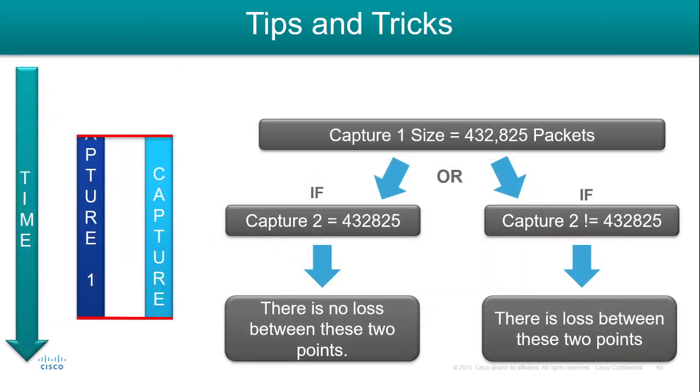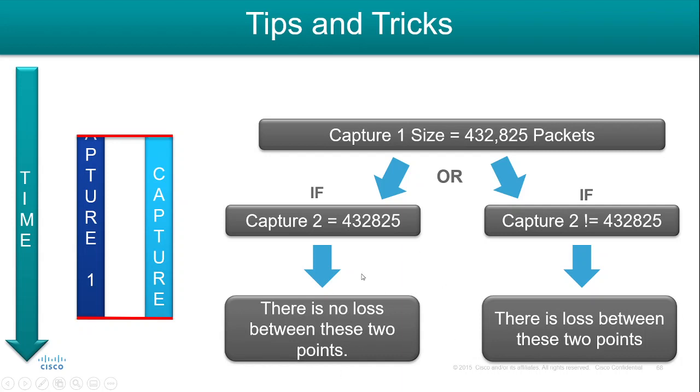When it's done, I can now open up the captures that I just exported. And I can see, okay, capture 1 right here, using the same source and destination, if it had a total size of 432,825, and if capture 2, which has the exact same starting and ending packet, is the same size, then I know without even going any further, without even applying a single filter, there is no packet loss between these two captures.